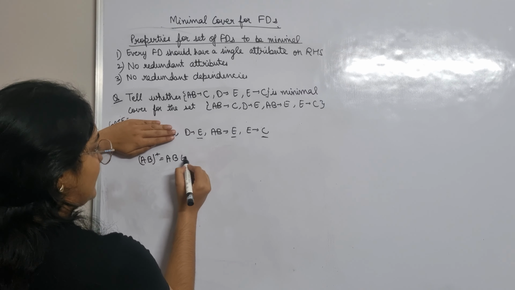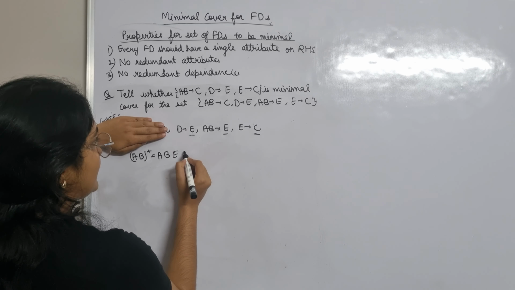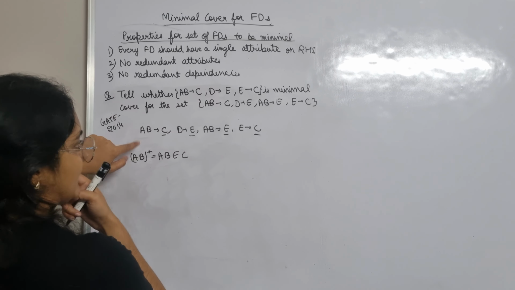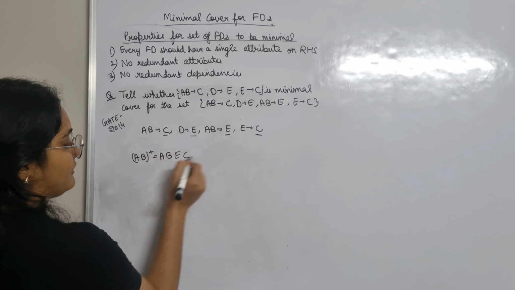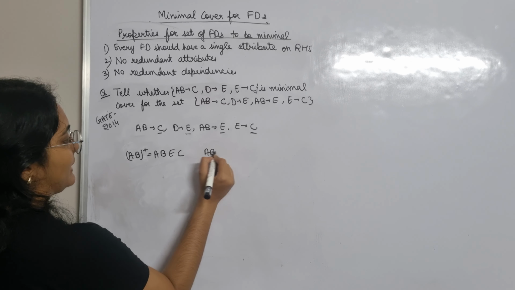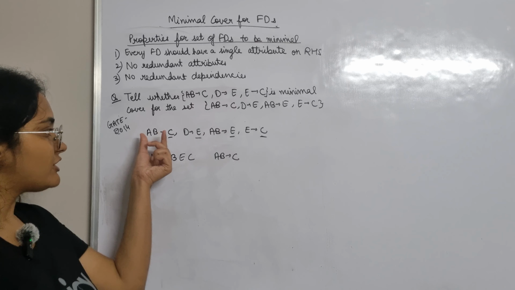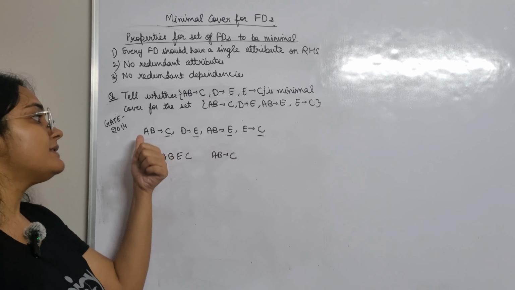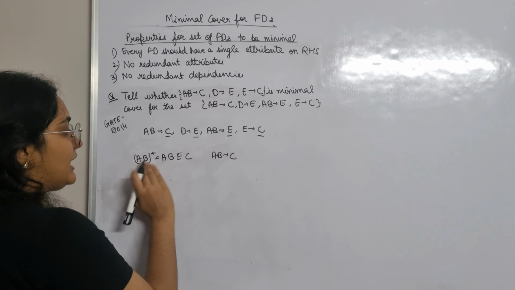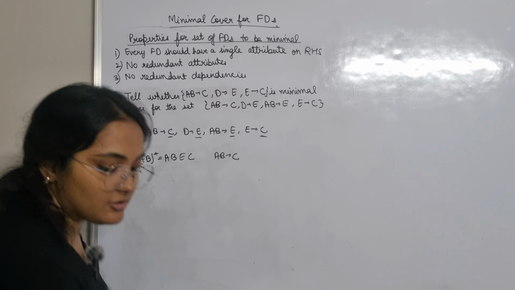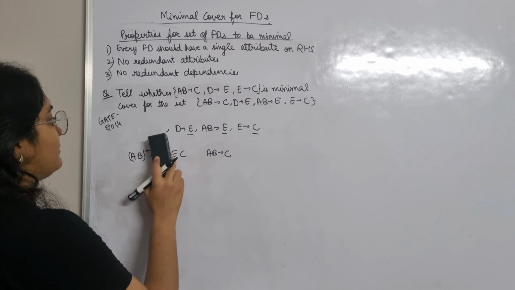AB determines E, that we have. E determines C, E we have, so E determines C. So from this closure, AB can determine C. So this functional dependency is redundant. Even if we remove it, we can still derive that AB determines C. So we can remove it.